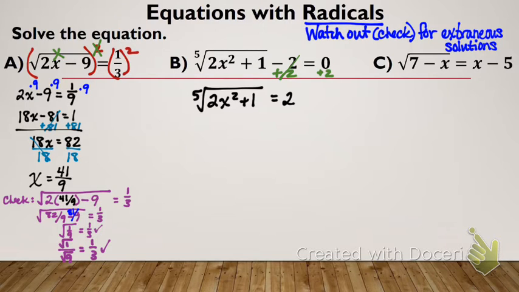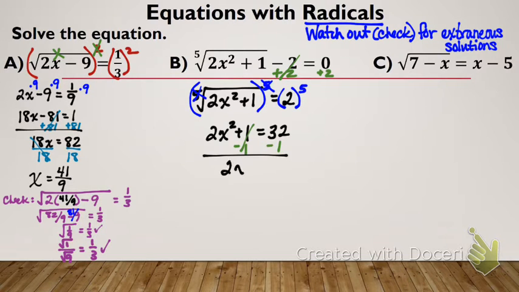How do I get rid of the 5th root? 5th power. Powers cancel roots. What is 2 to the 5th power? 32. A couple different things we could choose to do here. I think one is easier than the other. Subtract 1 from both sides. Absolutely, we can do that.